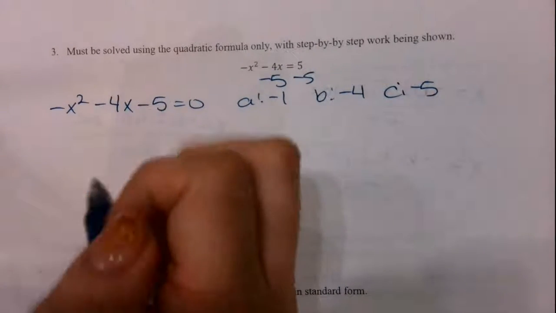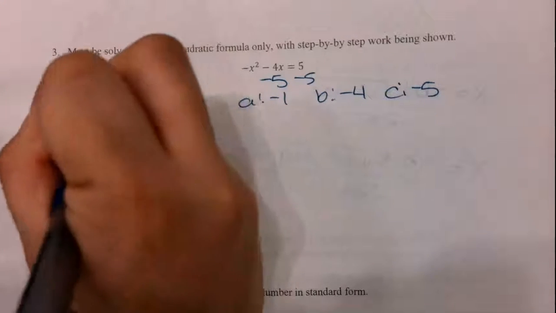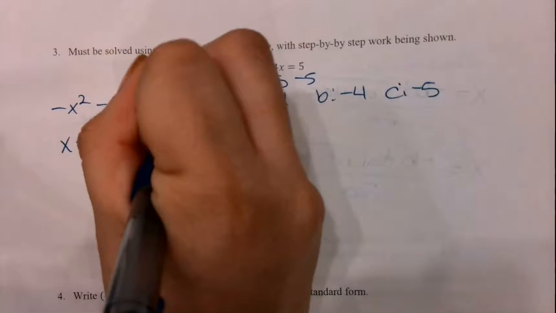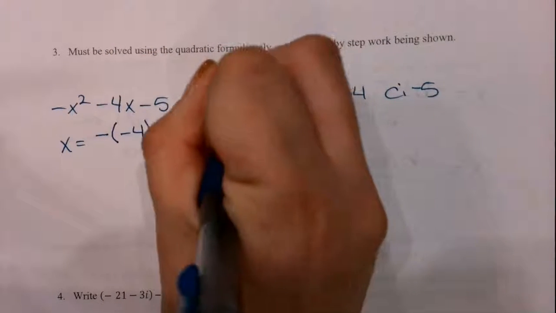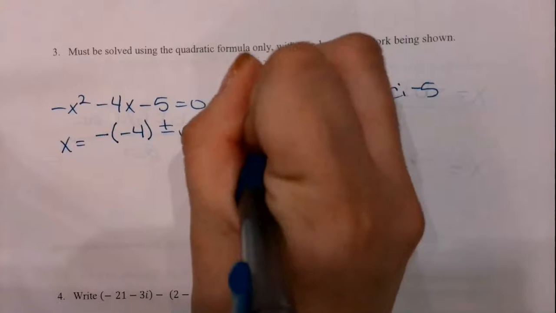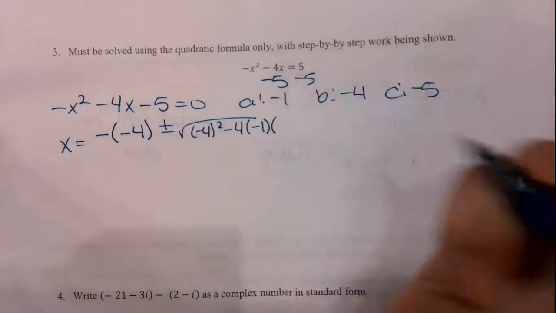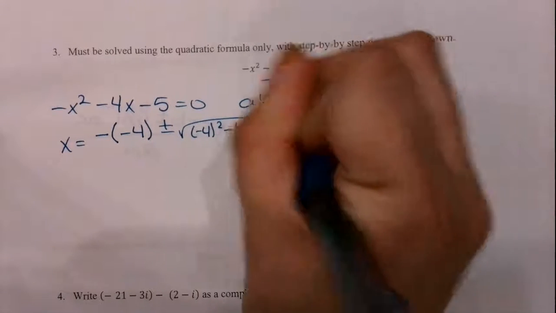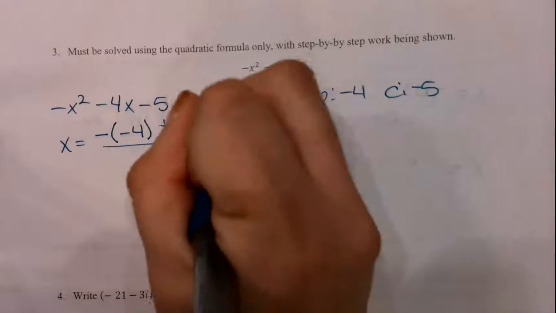I'm going to go ahead and plug those all in. I get x equals negative my b value, which is negative 4, plus or minus the square root of negative 4 squared minus 4 from the formula, times my a value, which is negative 1, times my c, which is negative 5, divided by 2 times my a value, which is negative 1.